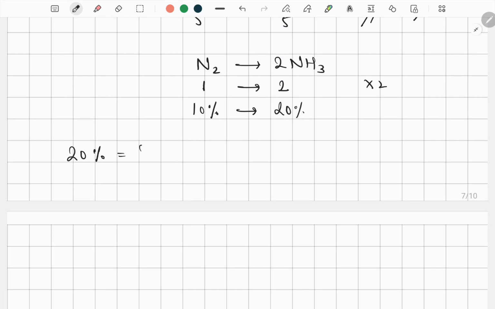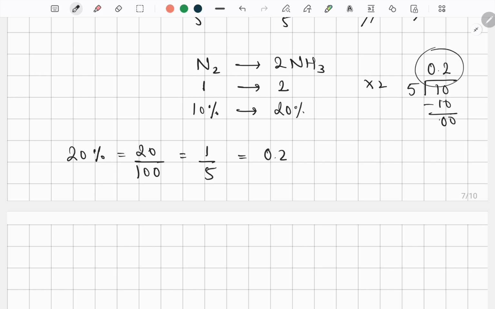Now what is 20%? How do we take out the percentage? Number divided by 100, so out of 100 is nothing but the percentage. So 20% is 20 by 100. What is 20 by 100? 1/5, since 5 twenties are 100. And what is 1/5? If you divide 1 by 5, you get 0.2.